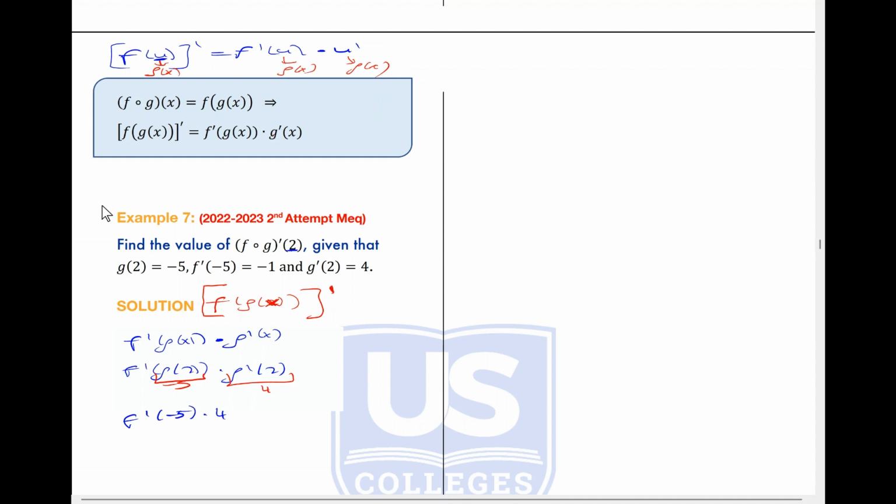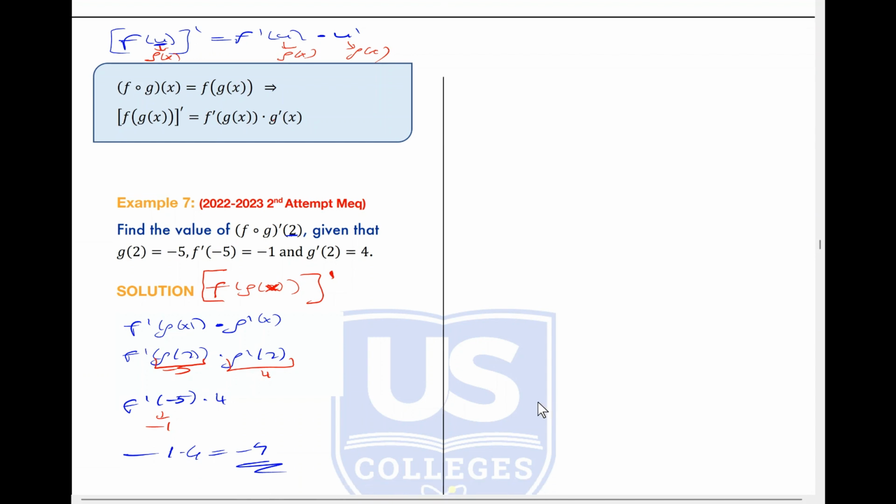One more unknown. What is f prime of negative 5? F prime of negative 5 is also given in the question as negative 1. So I have negative 1 multiplied by 4, which is negative 4. Okay? So this is what differentiation at a point is.